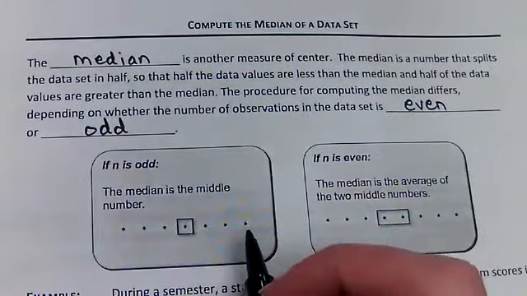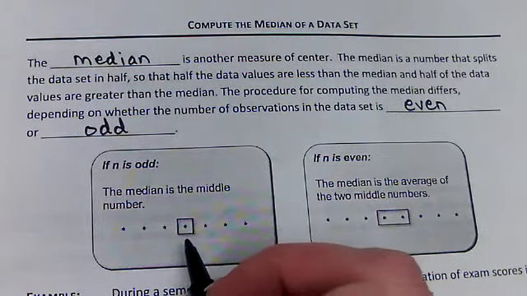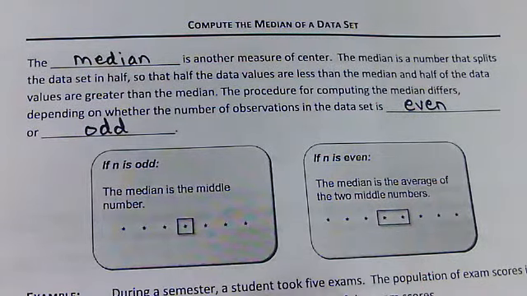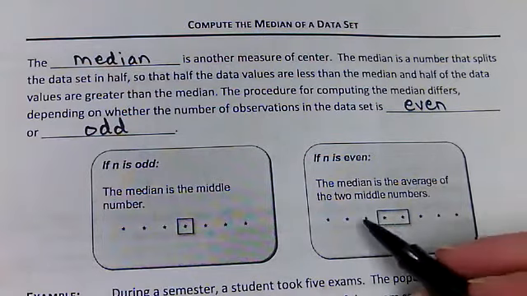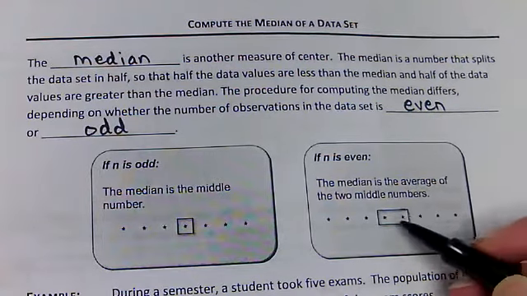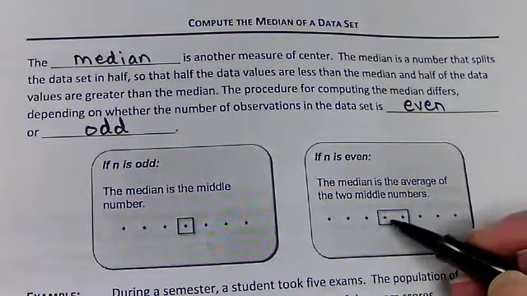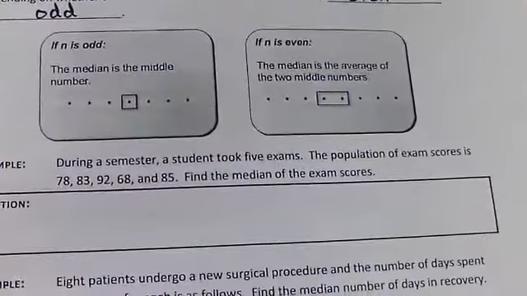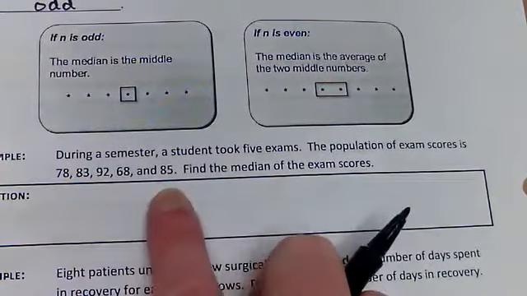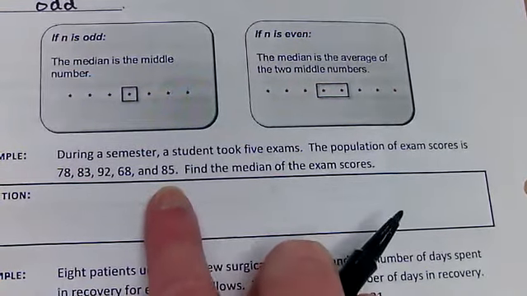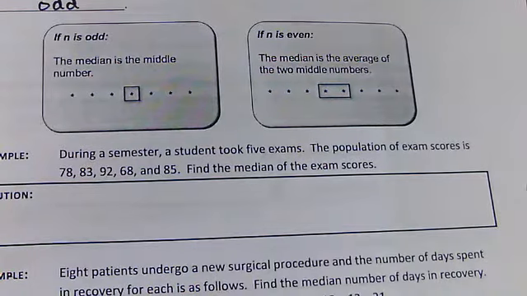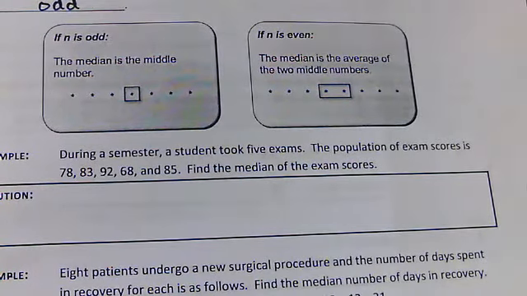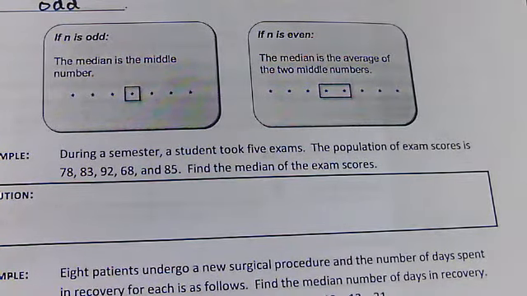Now, if we have an odd number, then the median is just the number in the middle. If we have an even number, then there is no middle number. We're going to average the two that are in the middle. So let's take those same exam scores, and we want to find the median of those scores. Now, to find that middle number, we need to write them in order first.